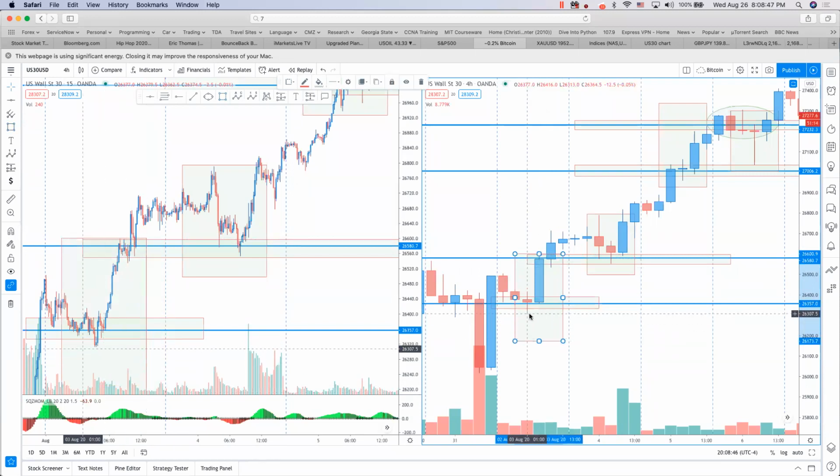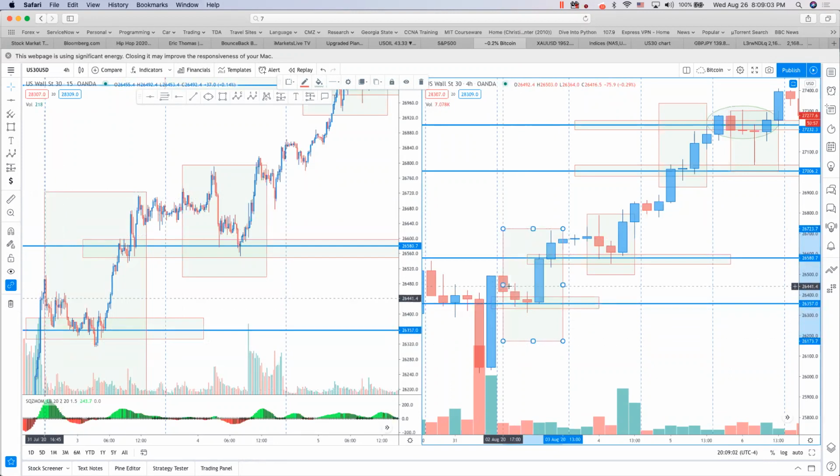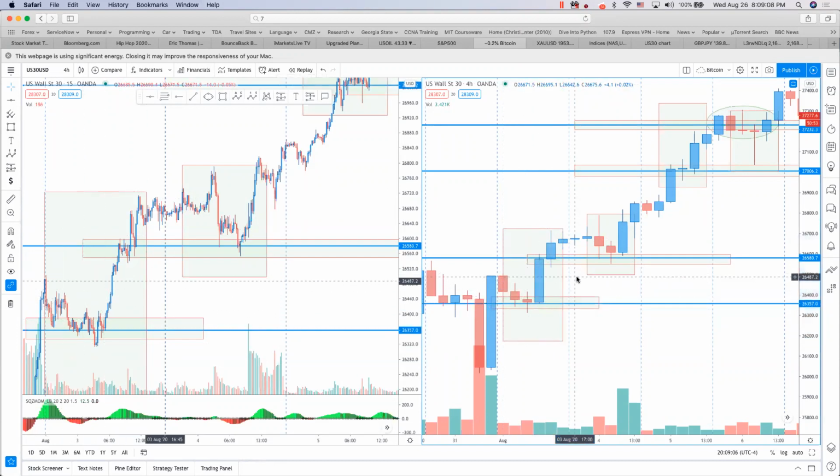These 3 candles. You can even add this one on that day. So this was more than 3 candles, but same concept though, right?